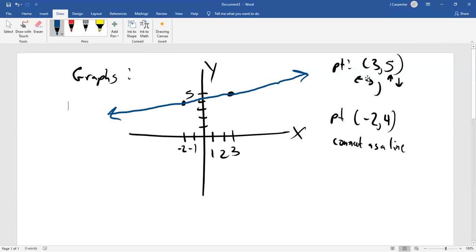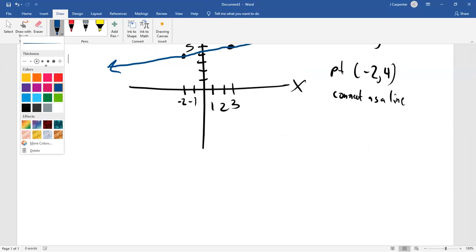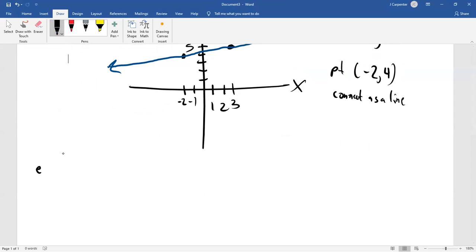But normally, you're not just given 2 points. You're told to graph a line, maybe something like 2x + 5y = 10. And you have dozens upon dozens of ways to graph this. You can use random points. You can use intercepts.